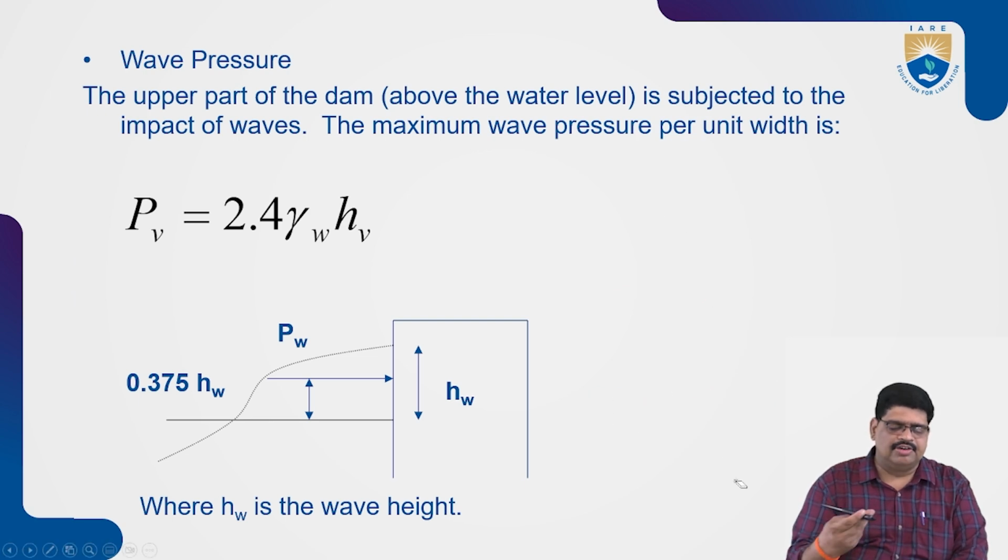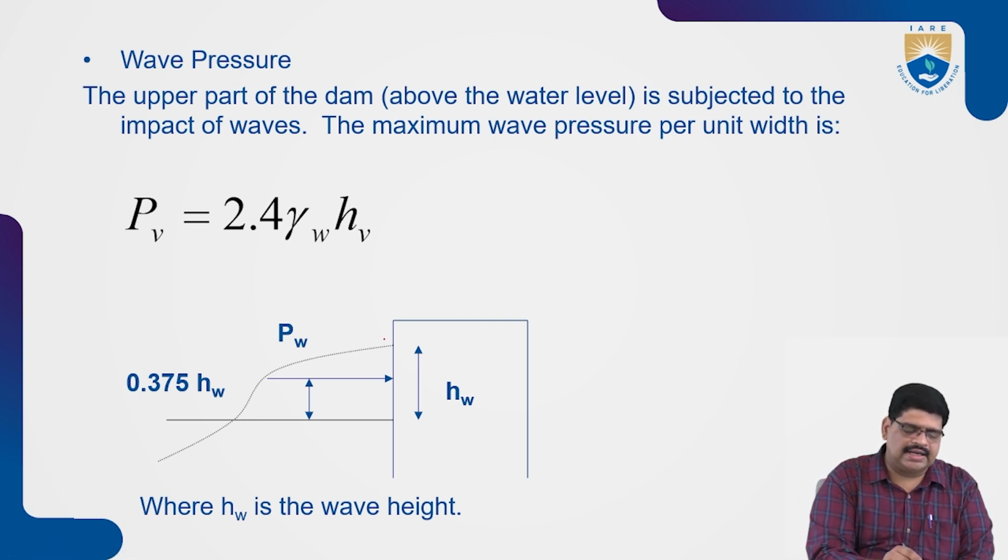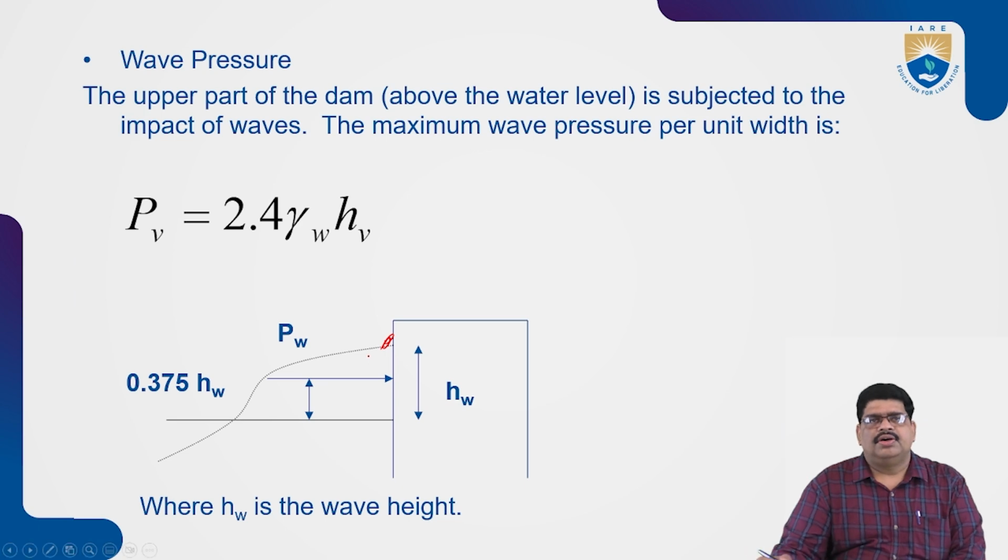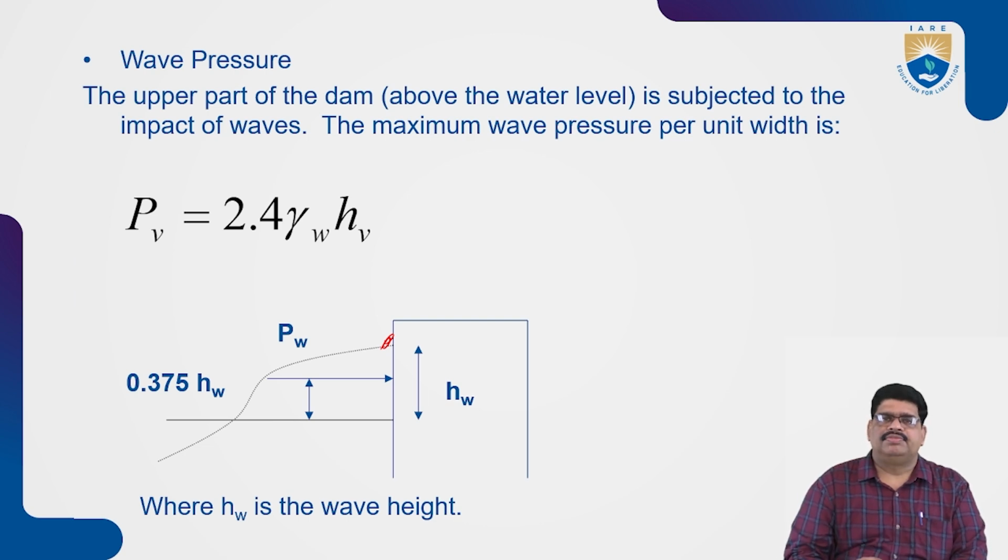Wave pressure is always acting on the top, due to the wave action of the water bombarding at the top level of the dam. So how to calculate the wave pressure? It is the proportion of the pressure subjected to the impact of the waves.